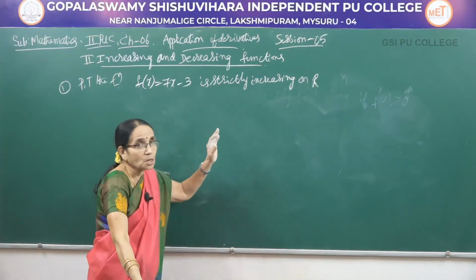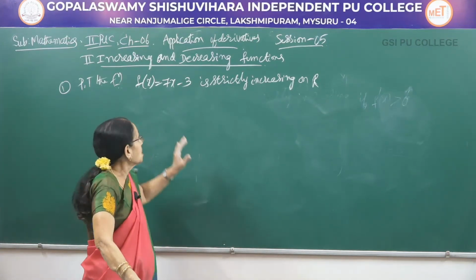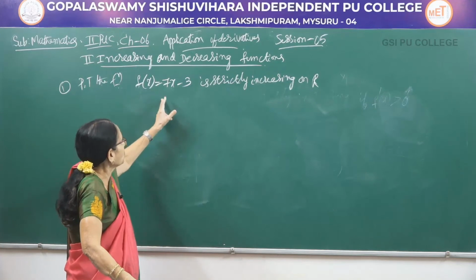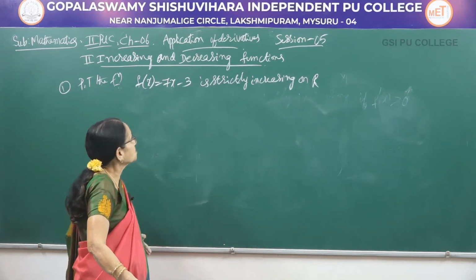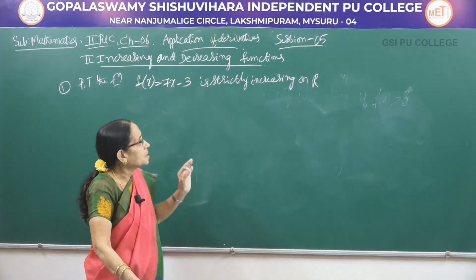See, you have to prove that one. The answer is already given. You have to try to get that answer here. Prove that the function f of x defined by 7x minus 3 is strictly increasing on R.